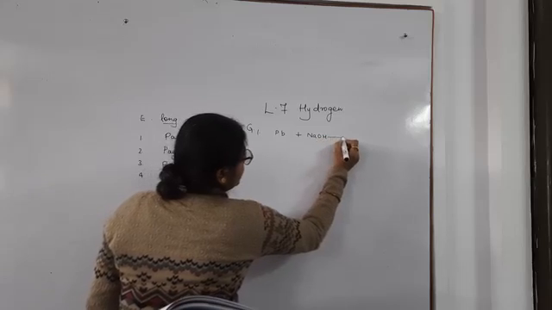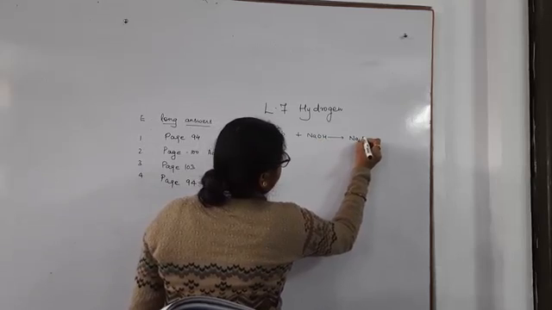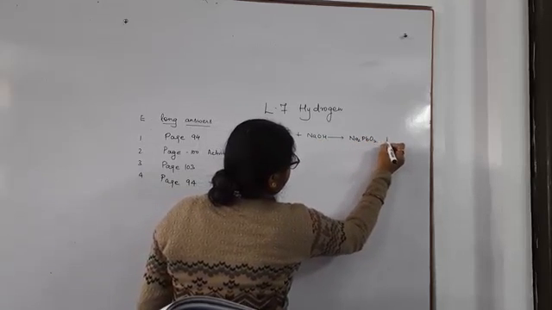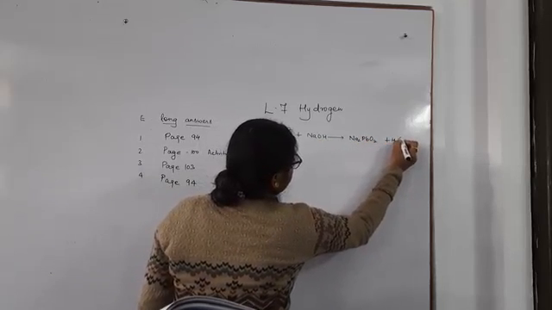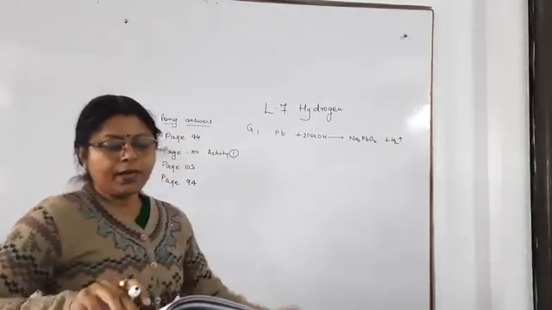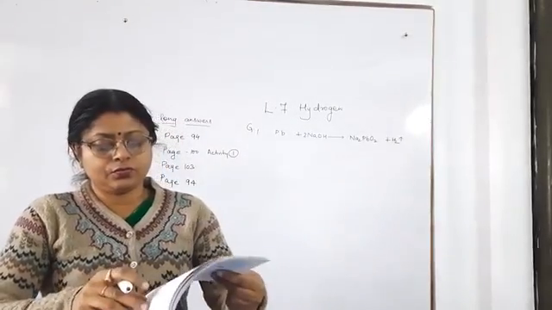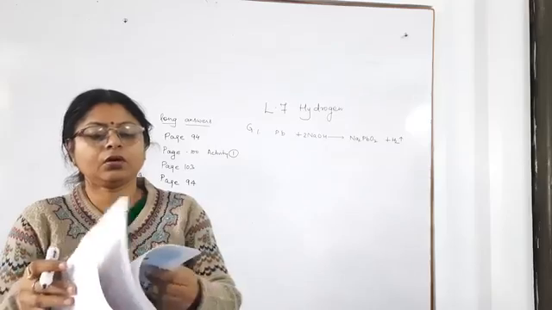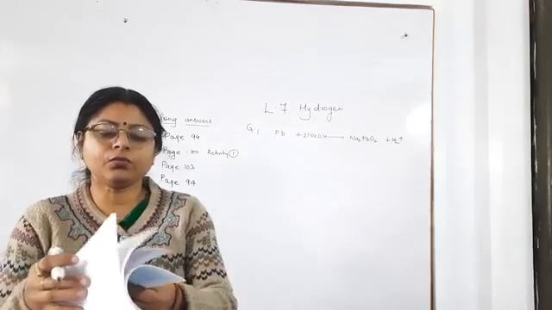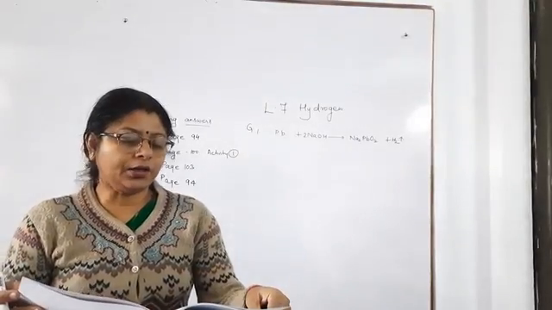It will form sodium plumbate Na2PbO2 plus hydrogen. So this is the balanced equation for the formation of sodium plumbate. Or if you want to see it from the book, it is given on page number 98.